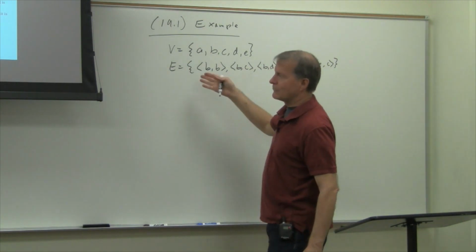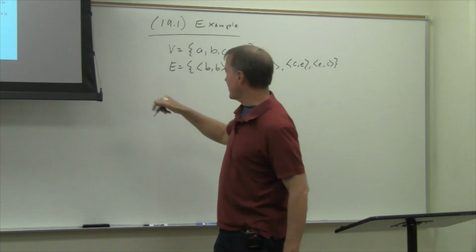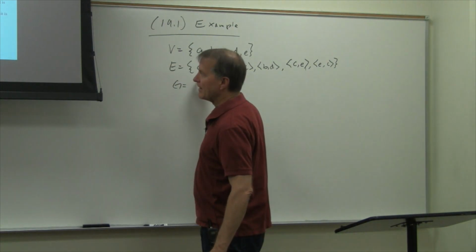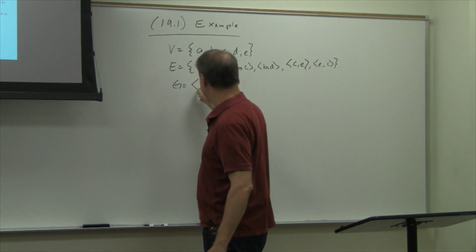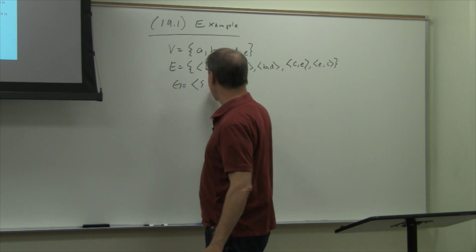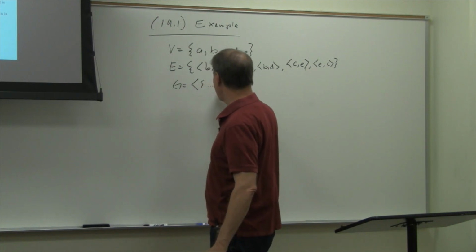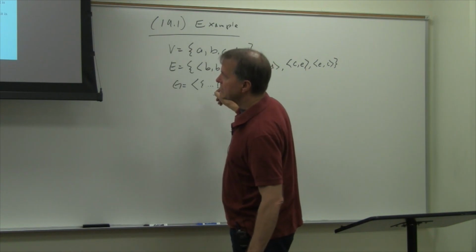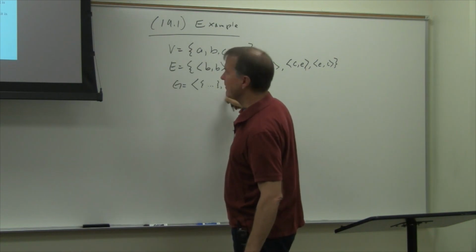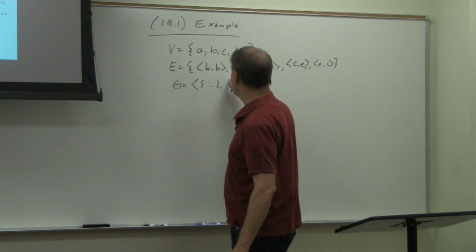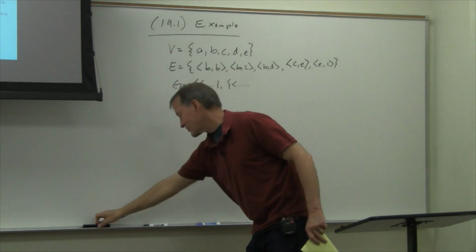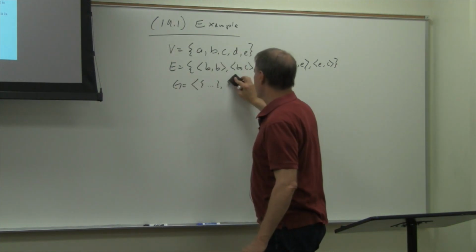Now I don't want to rewrite all this stuff. But if we said G equals, it would be this set, and then the set of ordered pairs, so another set inside, and so on.